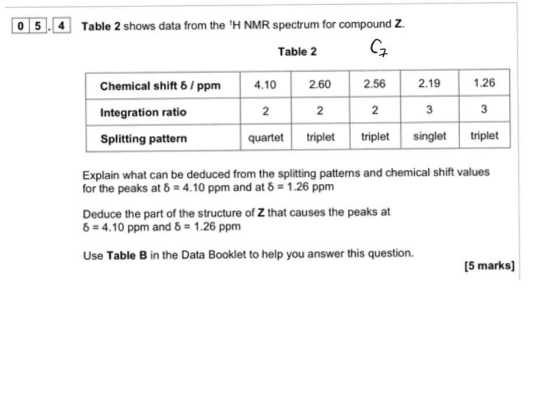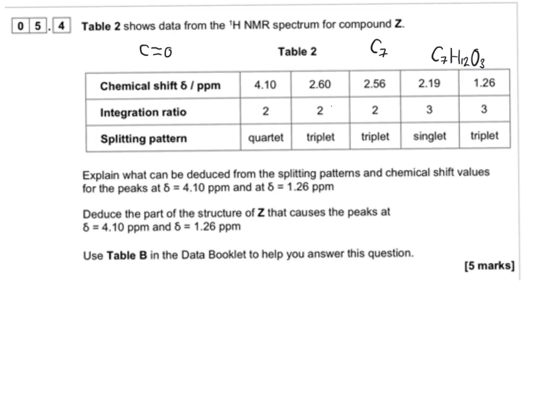You were also told that the infrared spectrum contained a peak, and the group that was responsible for the peak was a carbonyl group. And the other piece of information that you needed to know was the molecular formula of the molecule, which was C7H12O3. And you're asked to explain what can be deduced from the splitting patterns and the chemical shift values, and this was worth 5 marks.